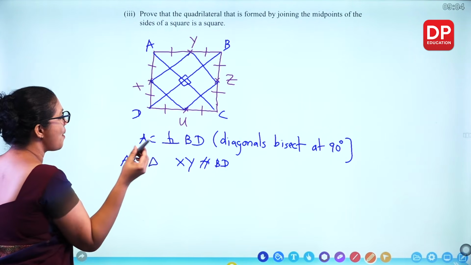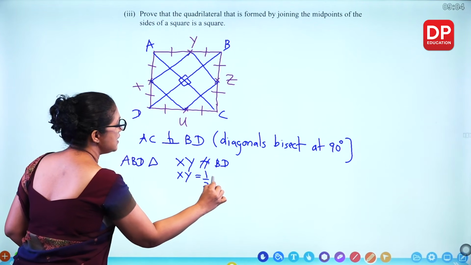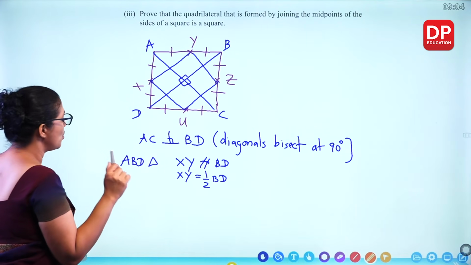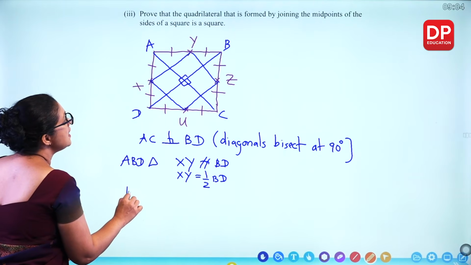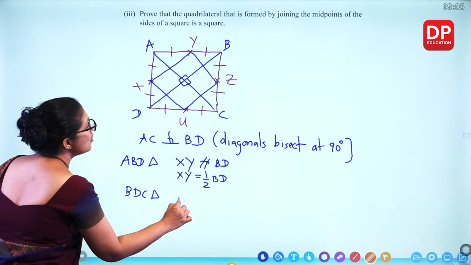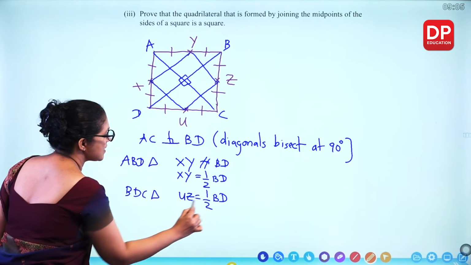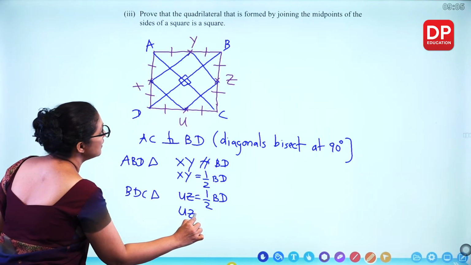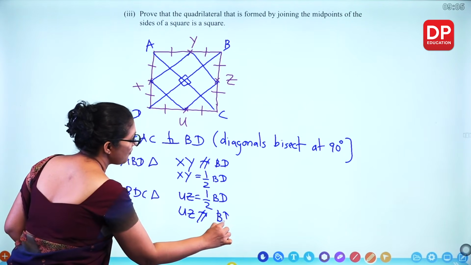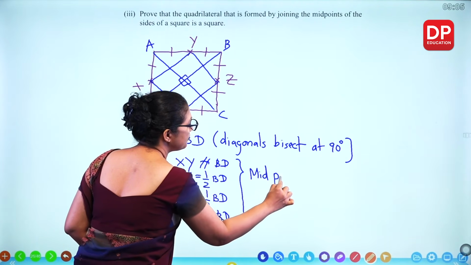XY is parallel to BD and XY is half of BD. You have to do the same thing that you did in part 2. And BDC triangle, when you take, you can see UZ is half of BD as well as UZ is parallel to BD. So all these because of midpoint theorem.